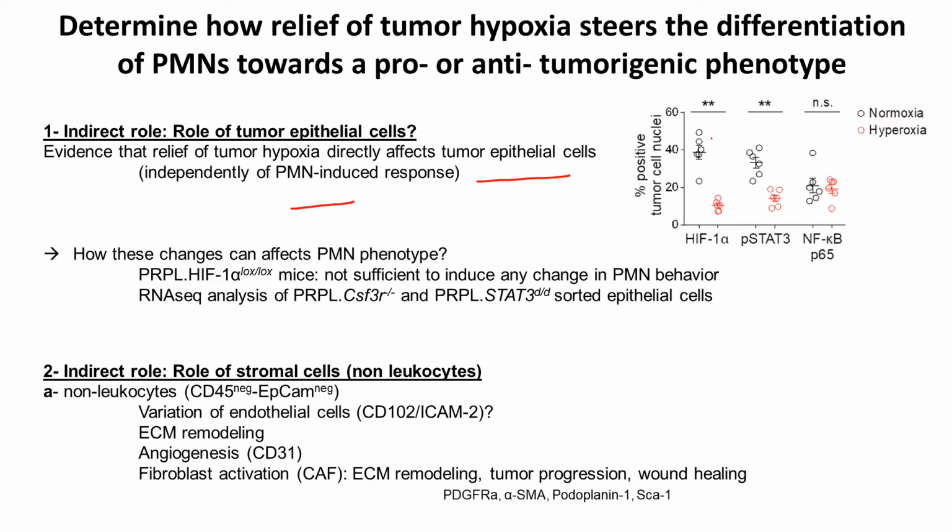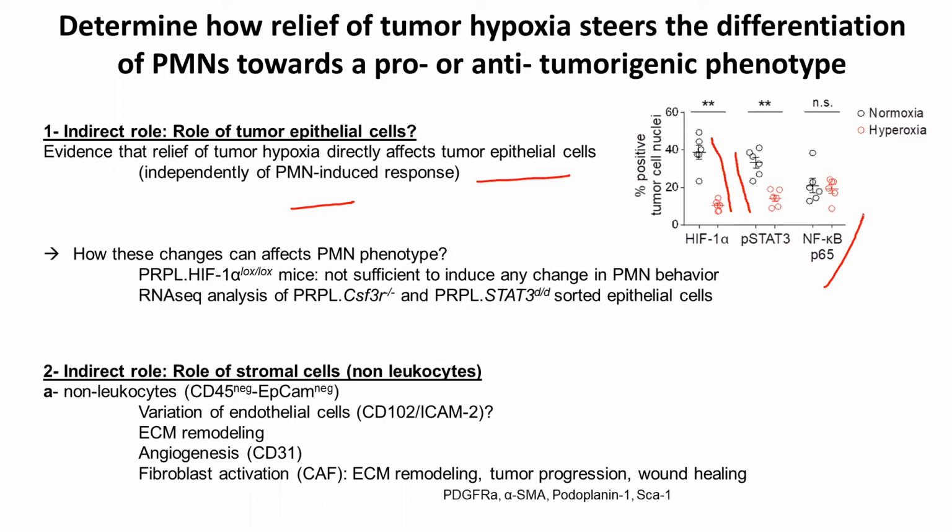Indeed, I showed you before that relieving tumor hypoxia massively decreased HIF-1 alpha stabilization. We also found that STAT3 phosphorylation was also massively decreased upon relief of tumor hypoxia, whereas the NF-kappa B inflammatory pathway remained unchanged. So the question now is to understand how this change affects the PMN phenotype.